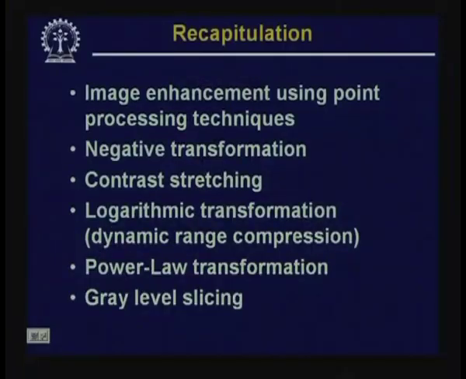The other kind of point processing technique that we have discussed is the contrast stretching operation. We have seen that it is useful where the original image is very dark. Such dark images can occur when the scene illumination was very poor, or when the dynamic range of the sensor is very small, so that it cannot record all the intensity values present in the scene.